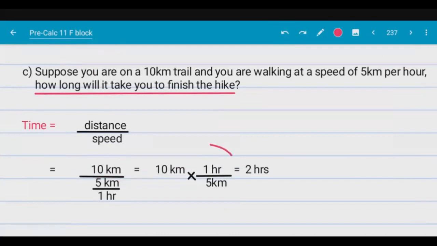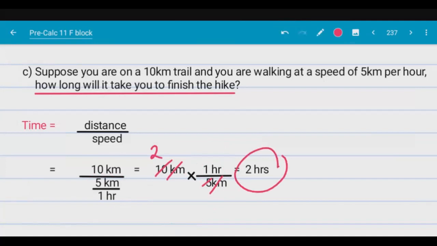That's why in the next step, this is what I have. The numerator here, I just copied. If I'm dividing it by this fraction, I will flip the fraction. So look, it was flipped. Instead of dividing, I turn it to multiplication. So now I can simplify. Kilometer word cancels out. 10 cancels out to the 5. There's a 2. 2 times 1 is 2 hours. There we go.